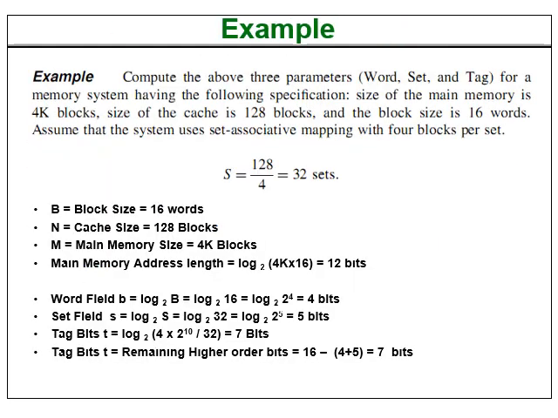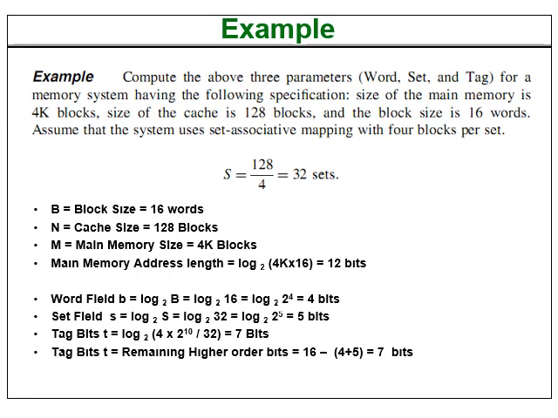Again, let's see this example. Once again, the values are pretty much the same. The main memory is 4 kilo blocks. The size of the cache memory is 128 blocks. The block size is 16 words. Now the system uses set associative mapping with 4 blocks per set. See, I am not giving you the number of sets, but I am telling you how many blocks there are per set.